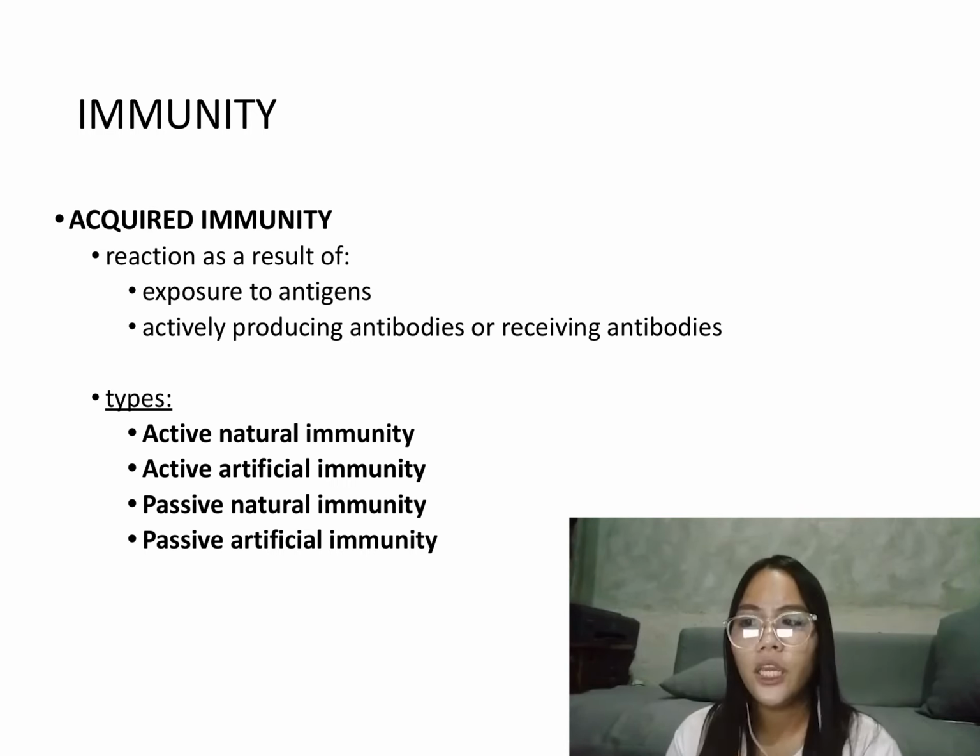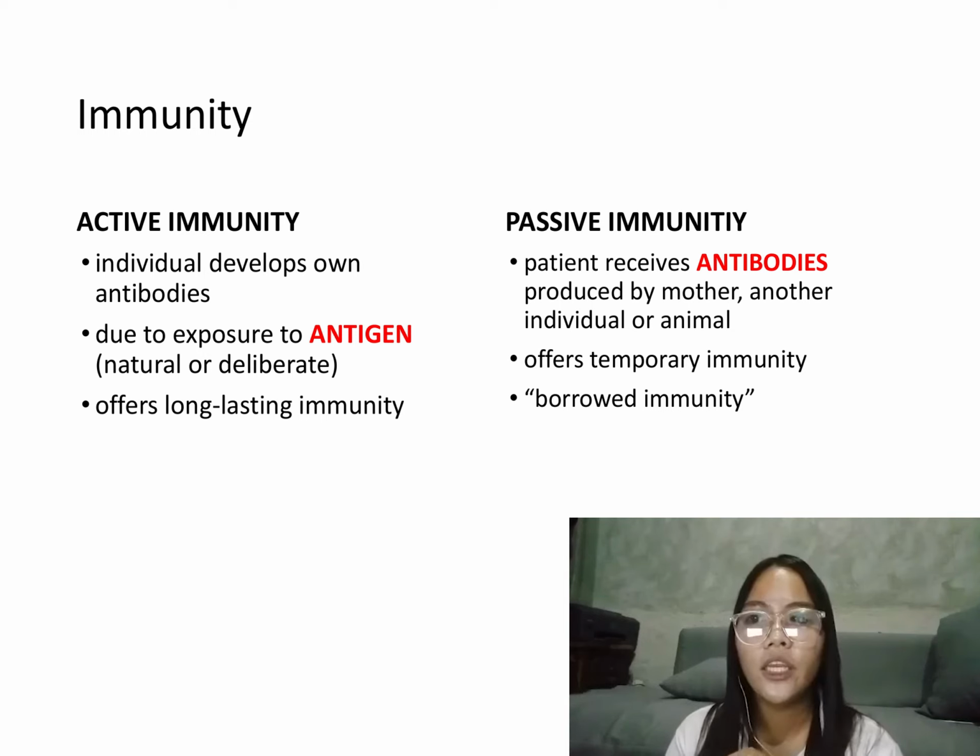Active immunity, the individual develops their own antibodies due to exposure to an antigen, natural or deliberate; it offers long-lasting immunity. Passive immunity, the patient receives antibodies produced by the mother or another individual or animal; it offers temporary, borrowed immunity.